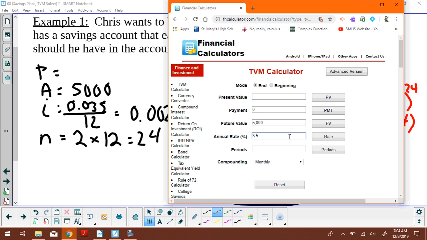Periods is the same as our value for N in the formula, so that's 24, compounding monthly. And the present value is the same value we got, $4,662.44. Note the presence of that negative sitting there. It just has to do with how this thing works. But there you go.